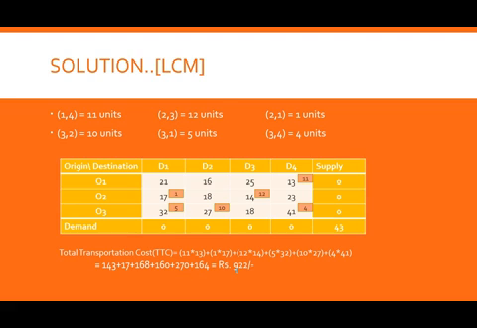When you add up all this, you get 922. So the IBFS TTC says the total transportation cost is 922. Now we are supposed to optimize the solution. For this, the first step is to check whether degeneracy case exists.